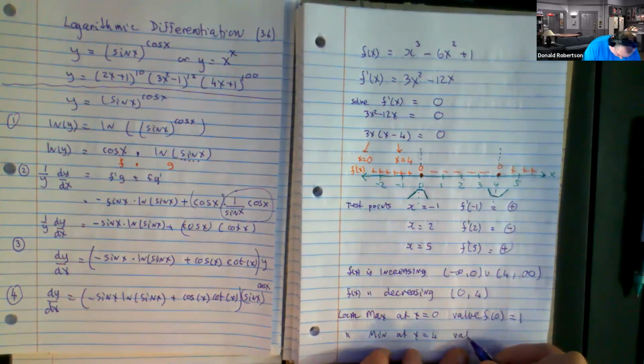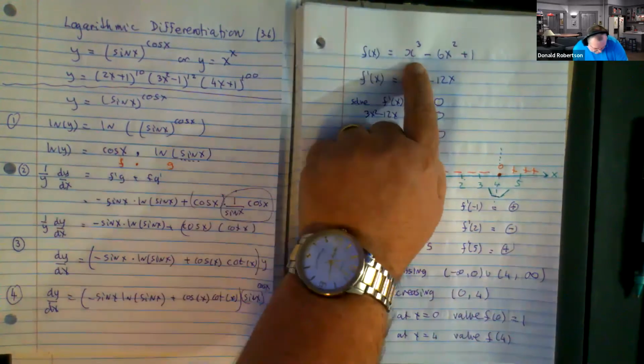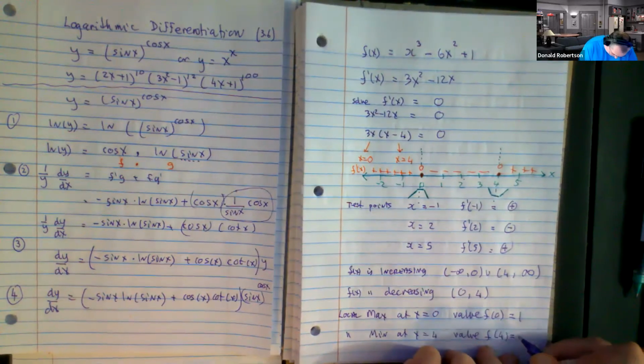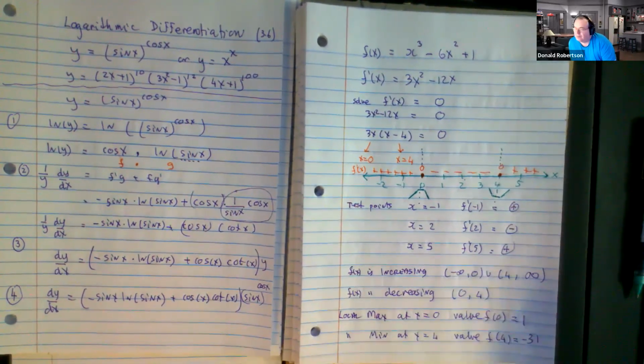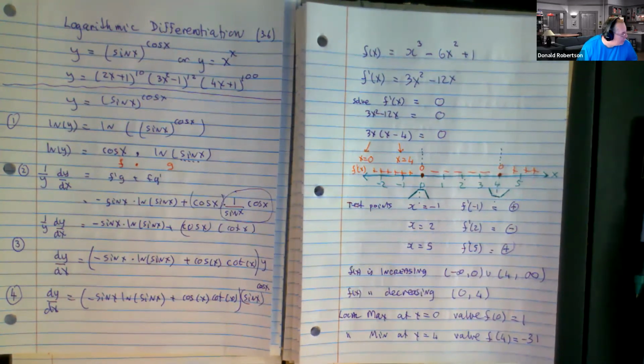And the value of that is 64, take away 96, that's negative 32, negative 31, or thereabouts. And we have now done pretty much everything that you should do. So that's the right way to do it. If you make any mistakes, I will be able to see them, right? And I will be able to give you partial credit for all of it.